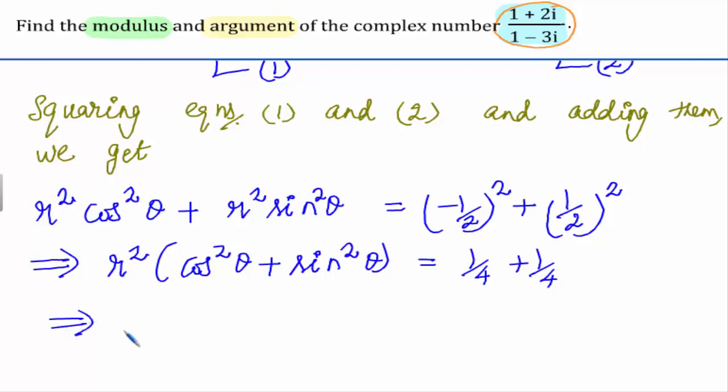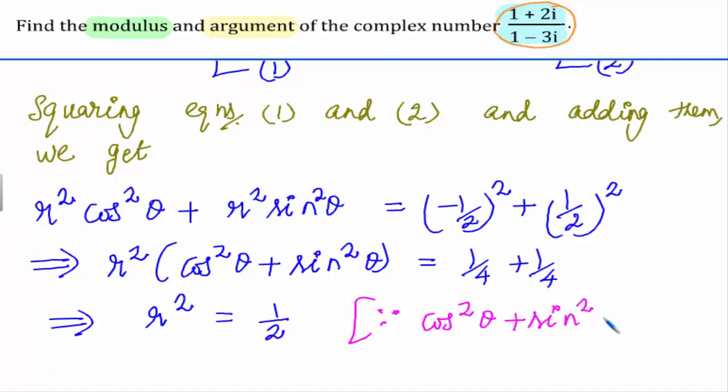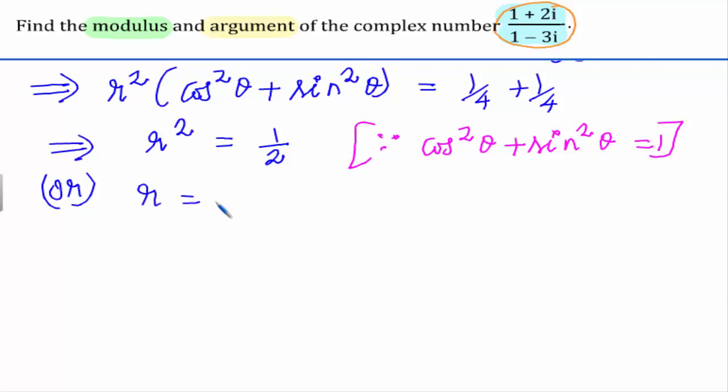This implies r square is equal to 1 upon 2, since cos square theta plus sin square theta is equal to 1. From this, we get r is equal to 1 upon root 2. The value of r is always positive since r is the modulus of the given complex number.